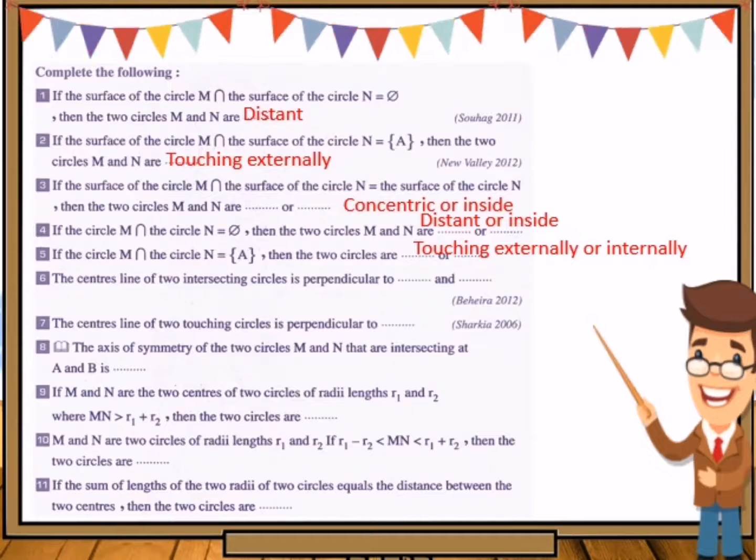Number 6, the center line of two intersecting circles is perpendicular to the common chord, and bisects it. Number 7, the center line of two touching circles is perpendicular to the common tangent between them.